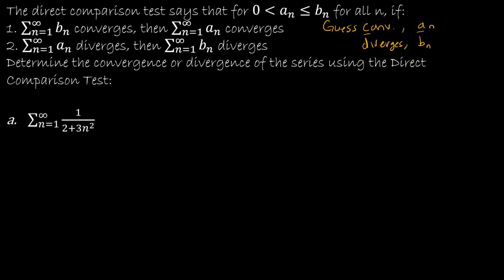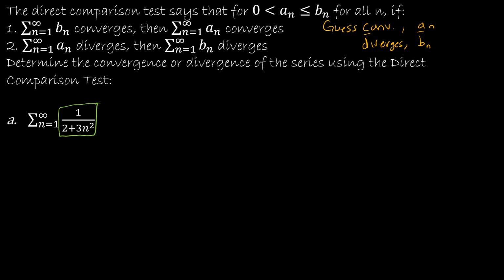In this question, I'm looking at the function 1 over 2 plus 3 times n squared. So just thinking about what I think is going to happen, and again, feel free to take out a calculator and graph it, but I don't want you to rely too much on graphing because I really want you to be able to think through this.